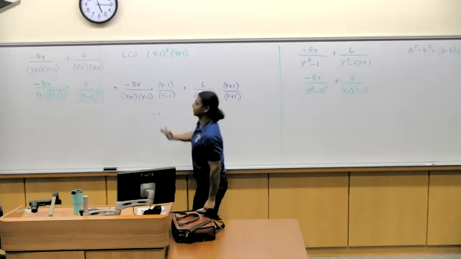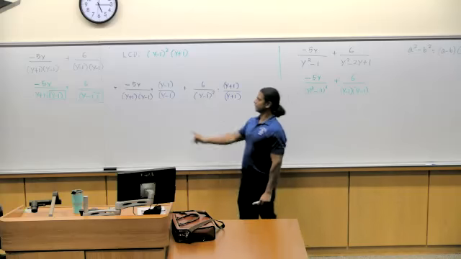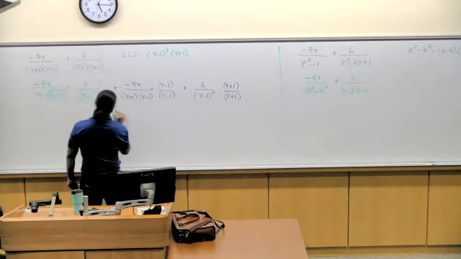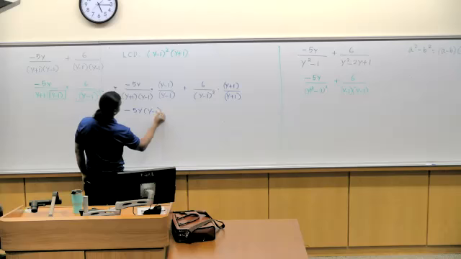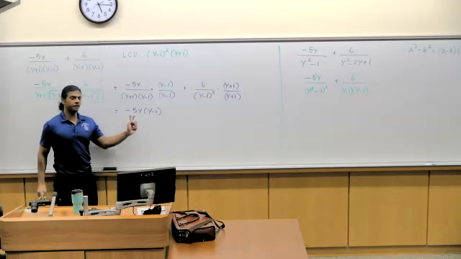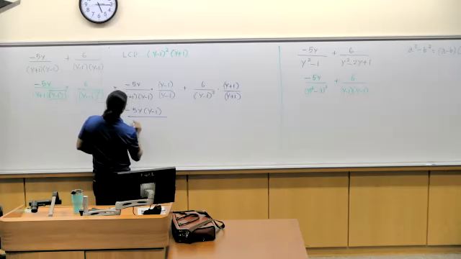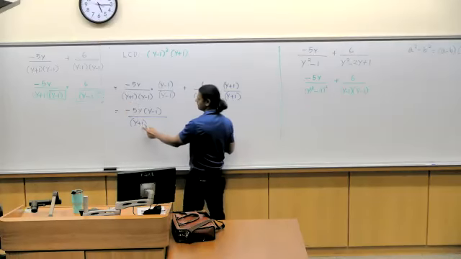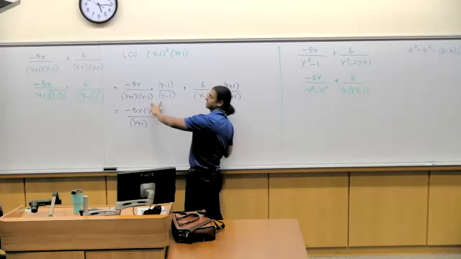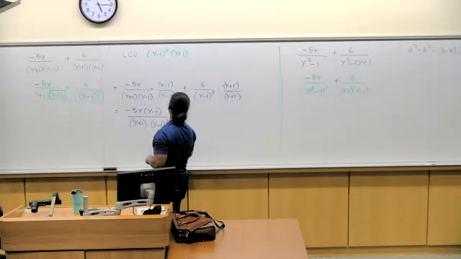Do I have a common denominator now? So if I multiply the numerator with the numerator, minus 5y times y minus 1 divided by y plus 1, y minus 1 times y minus 1, y minus 1 squared.